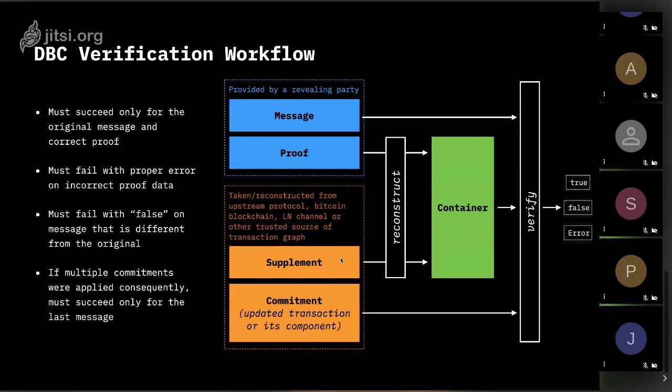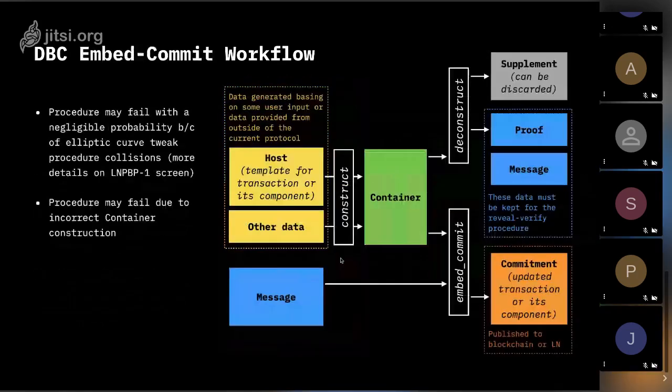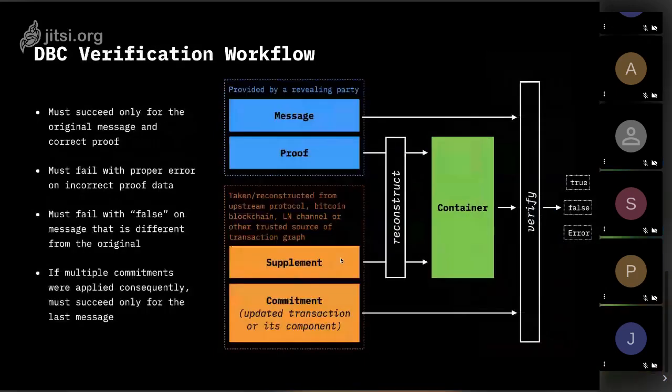Next, it reconstructs the supplement, as I have just described, using some external trust source. With this reconstruction, it creates a container again with the reconstruction procedure from proof and the supplement. So here we separate the container into proof and supplement with deconstruct, and here we have the reconstruct operation to put the container back from proof and supplement.